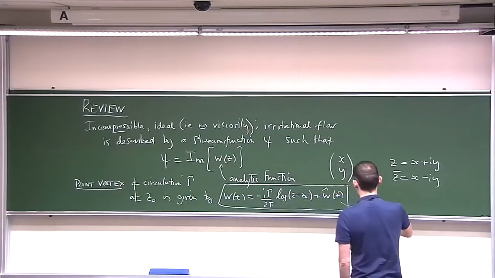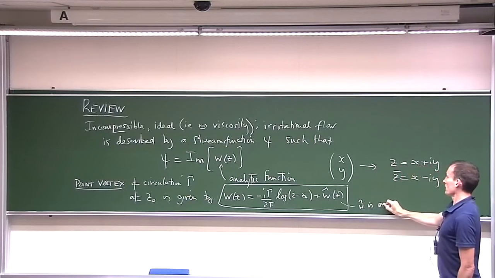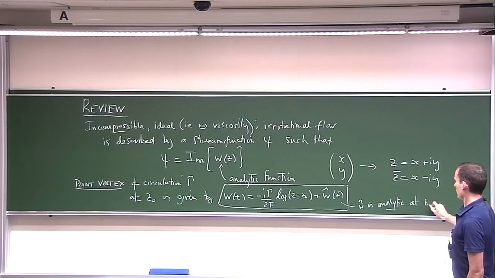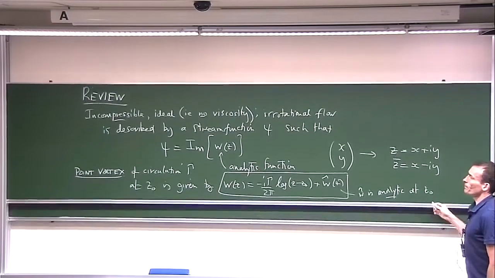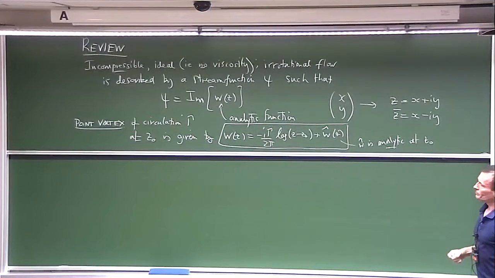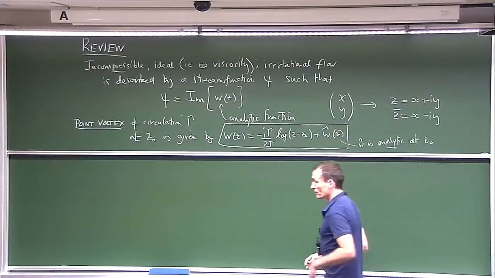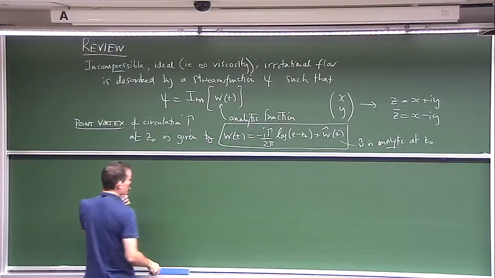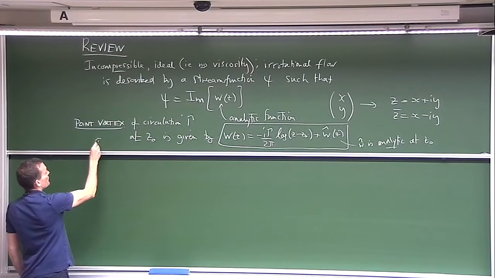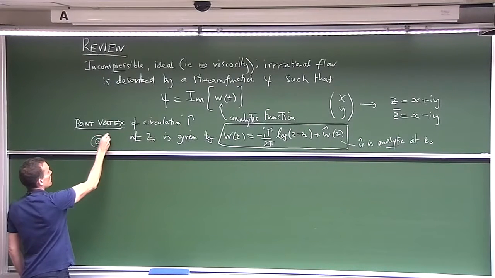Where this W hat doesn't have any singularities at Z0. Okay, that's what we did last time. And in fact, I went a bit further, didn't I? I put one of these. So, a point vortex basically has streamlines.